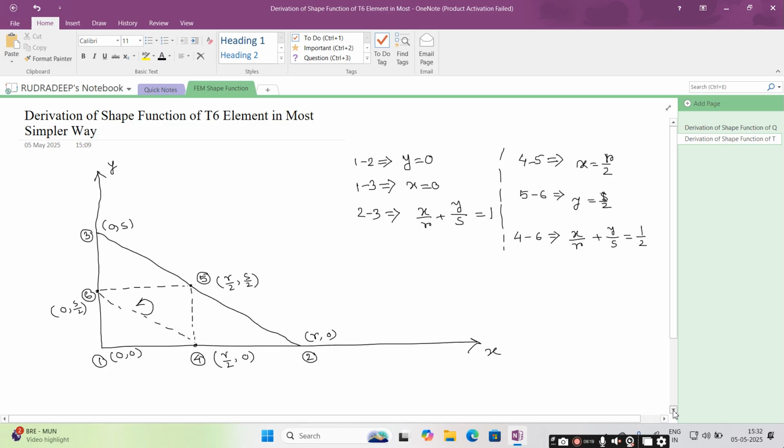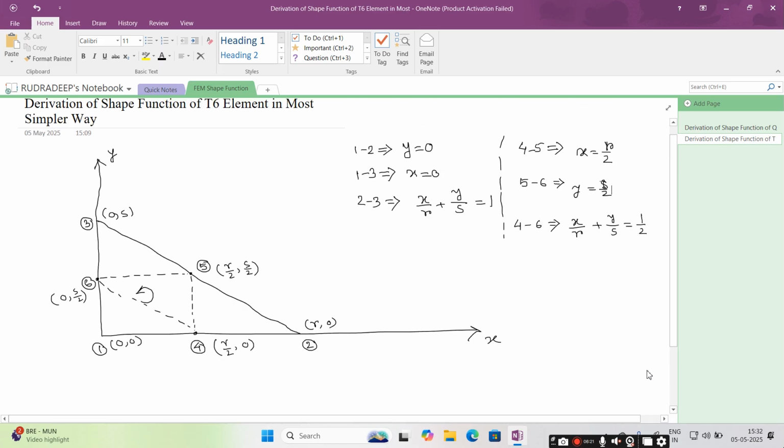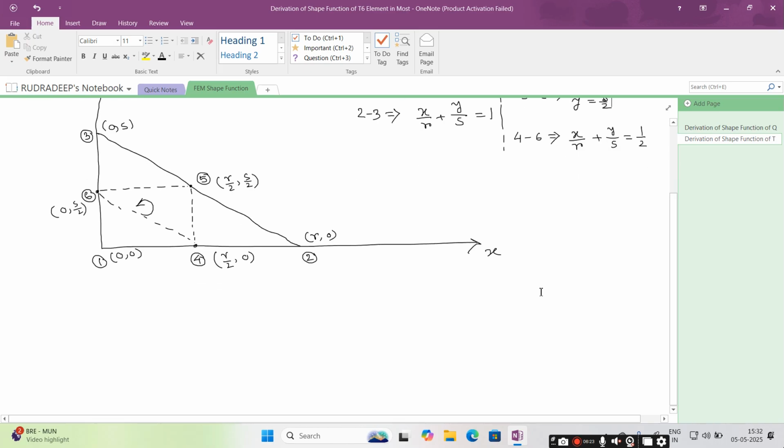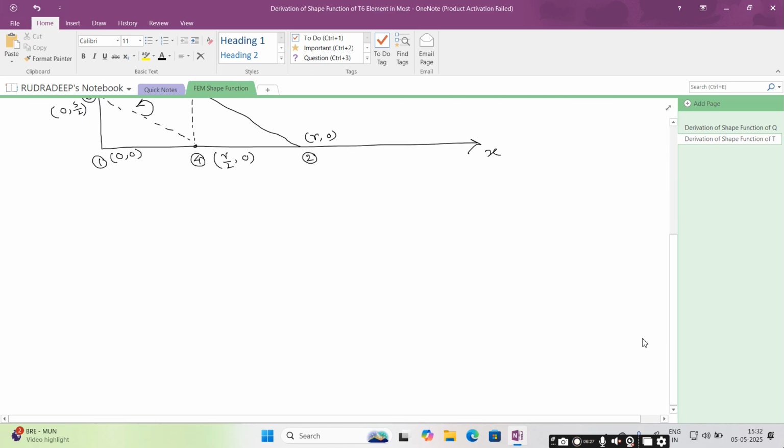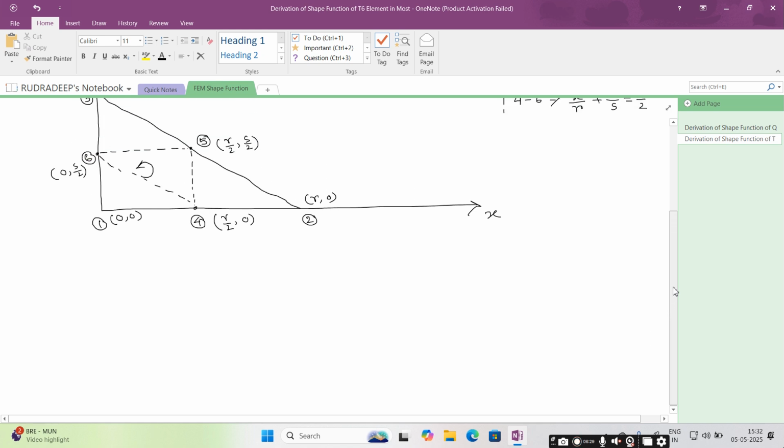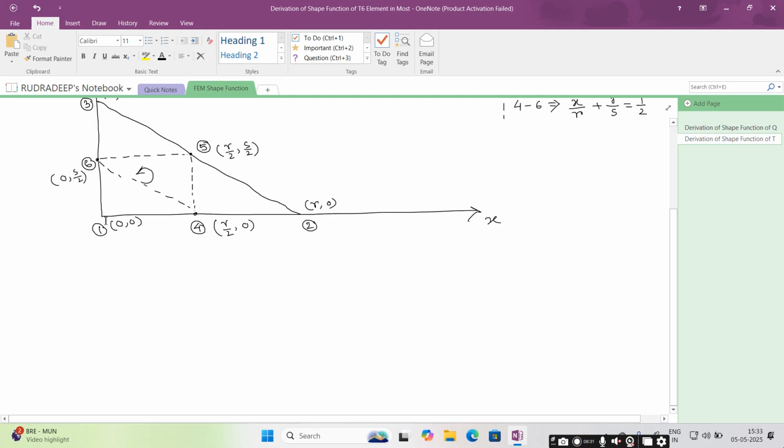Now coming to the derivation of shape functions. For N1, for node 1, I have to make the shape function in such a way that at the other nodes it should be 0.